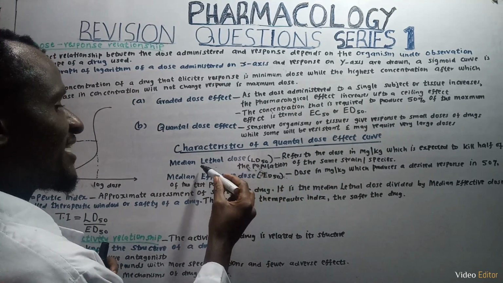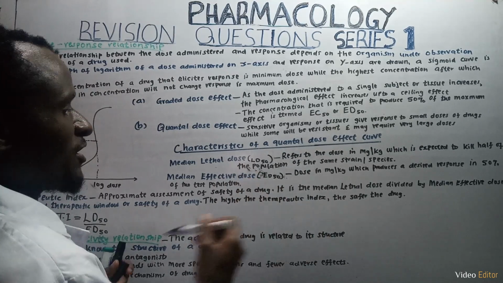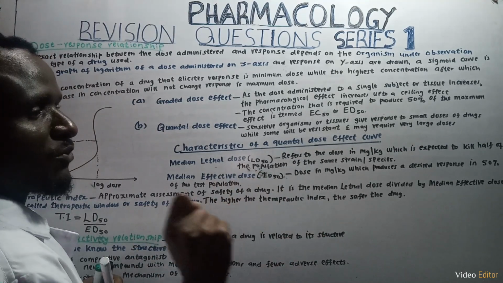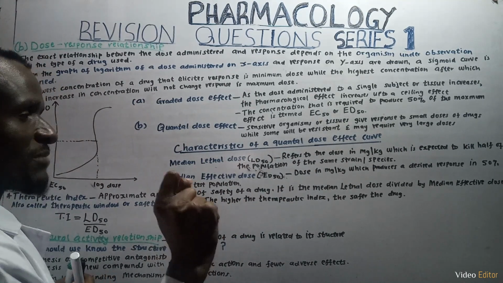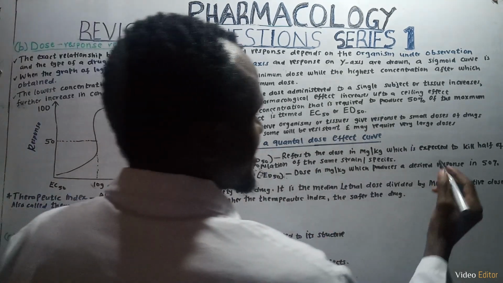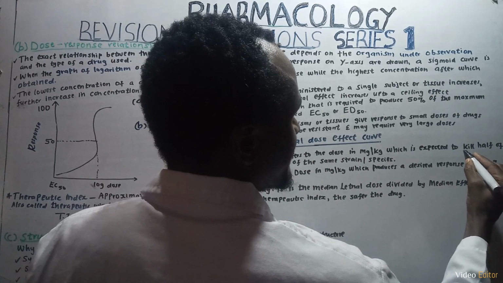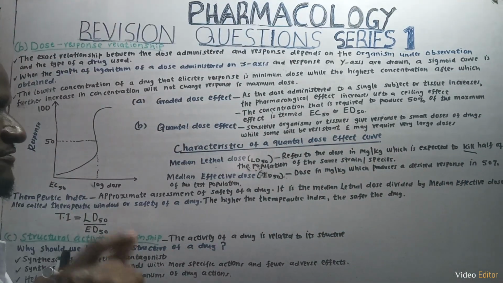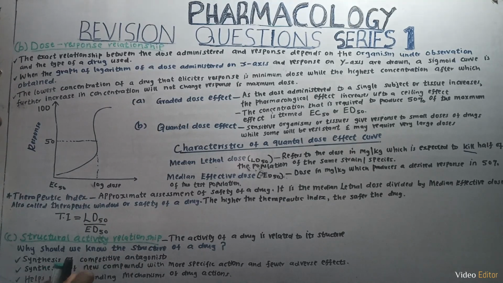So median lethal dose refers to the dose in milligrams per kilogram which is expected to kill half of the population of the same species or strain. Then we have median effective dose, also referred to as ED50. This refers to the dose in milligrams per kilogram which produces a desired response in 50% of the test population.